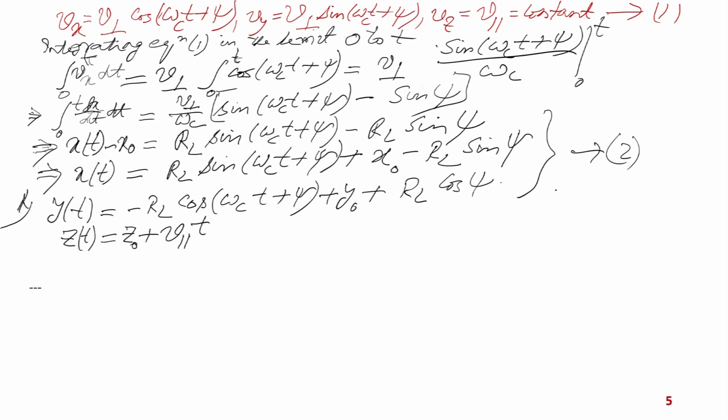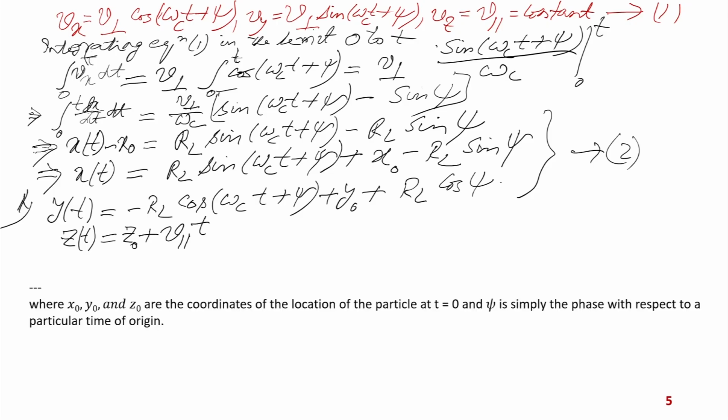Here x 0, y 0 and z 0 are the coordinates of the location of the particle at t equal to 0, as I already told. And psi, which I also told in the last class, is the phase at t equal to 0. Now you see what is happening here.